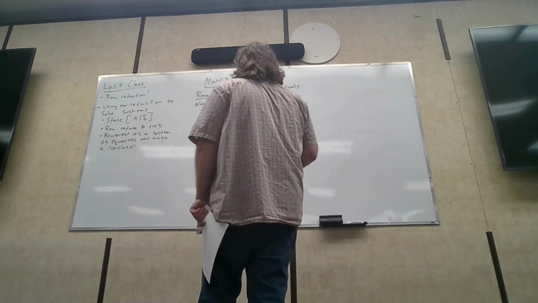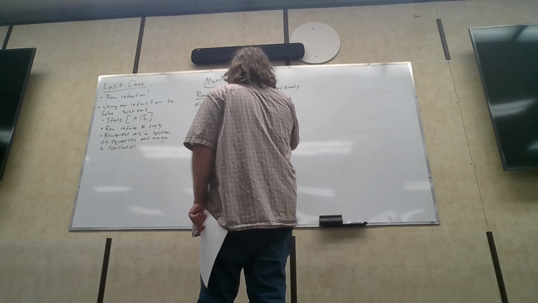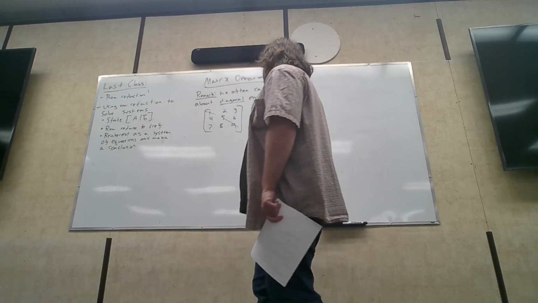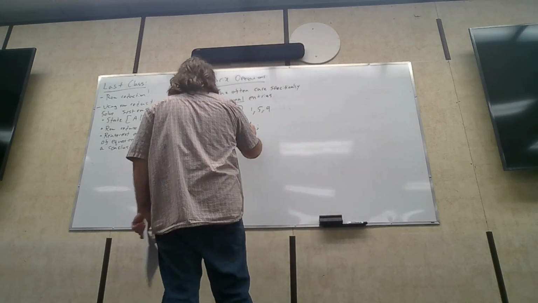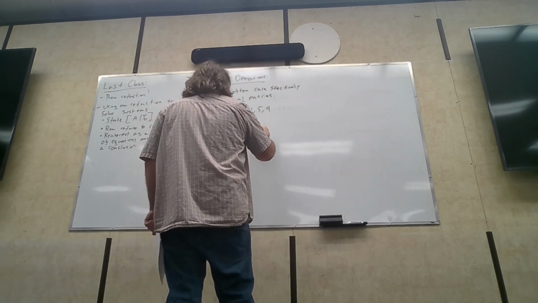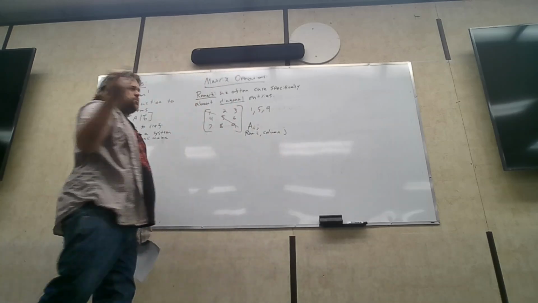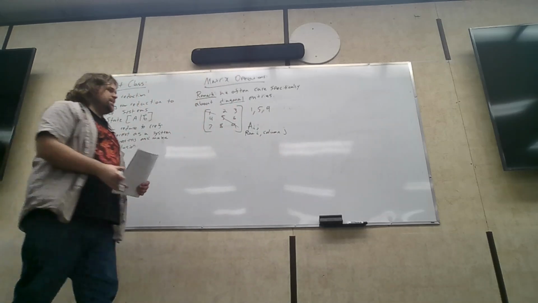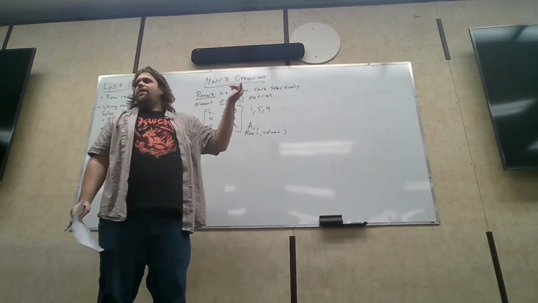And I did mention that the entries in this, we would say, this is A_ij. This is row i, column j, where those are just corresponding rows and columns that make sense, right? I wouldn't say A_5,6 in this matrix because there's no row 5 and there's no column 6.